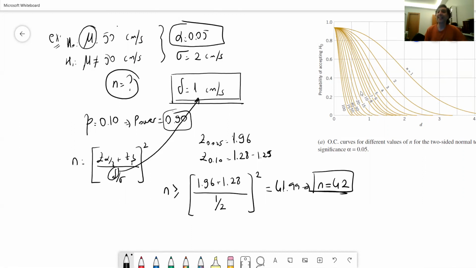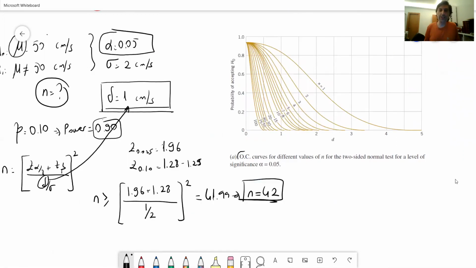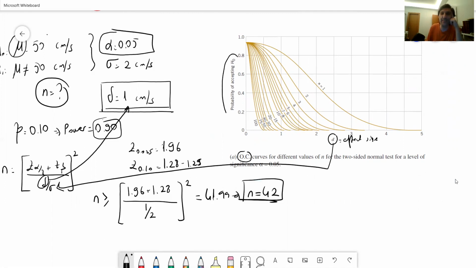Now, the same answer can be determined using operating characteristic curves. So in these operating characteristic curves, D will be this value here, the effect size. And this is going to be the probability of accepting H0.